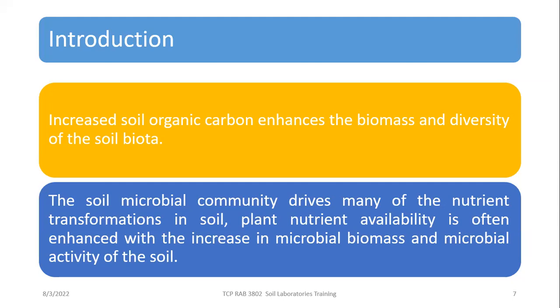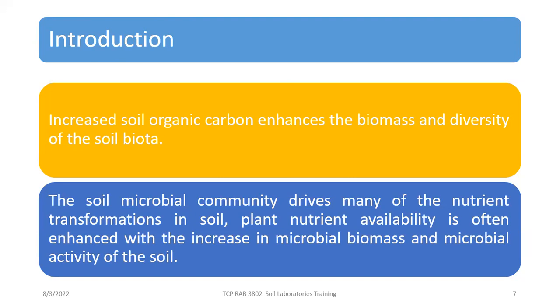The microbial community as well improves the condition of the soil organic matter, because they produce some organic matter. The most pronounced example is excretion from organisms, which will increase the soil organic matter.